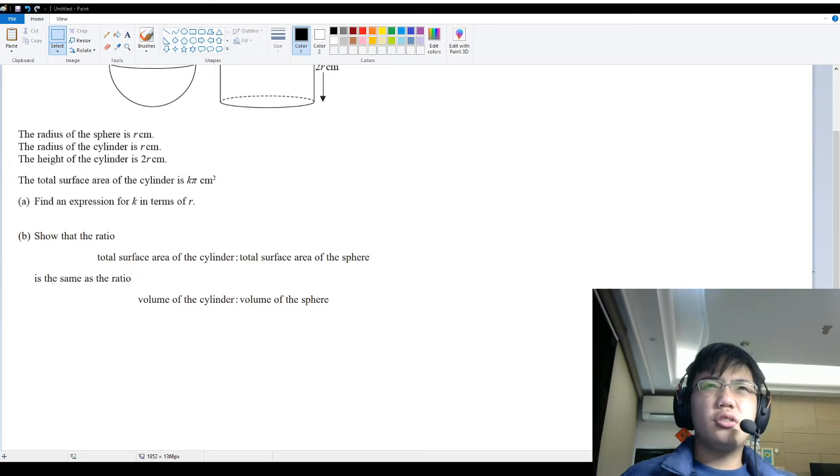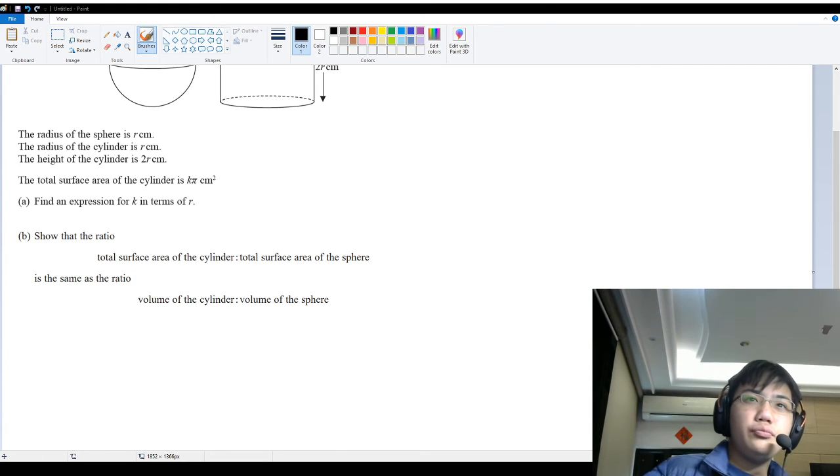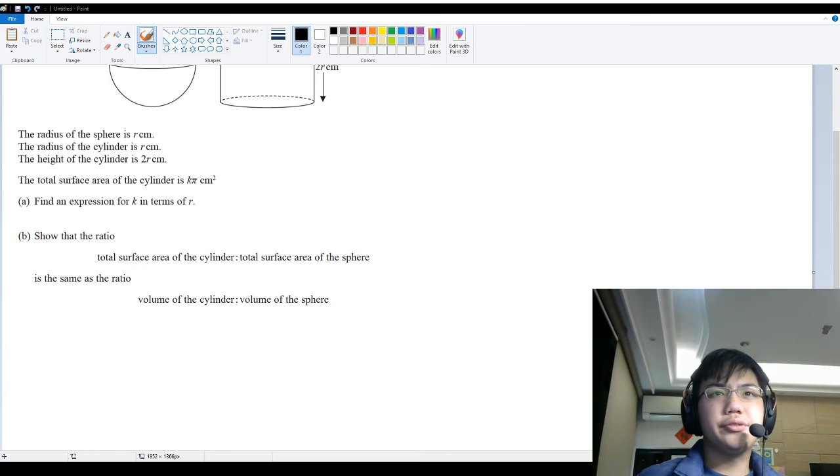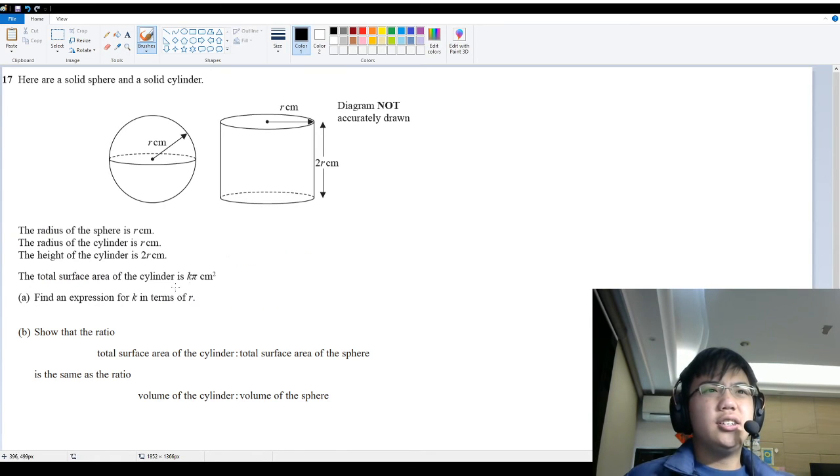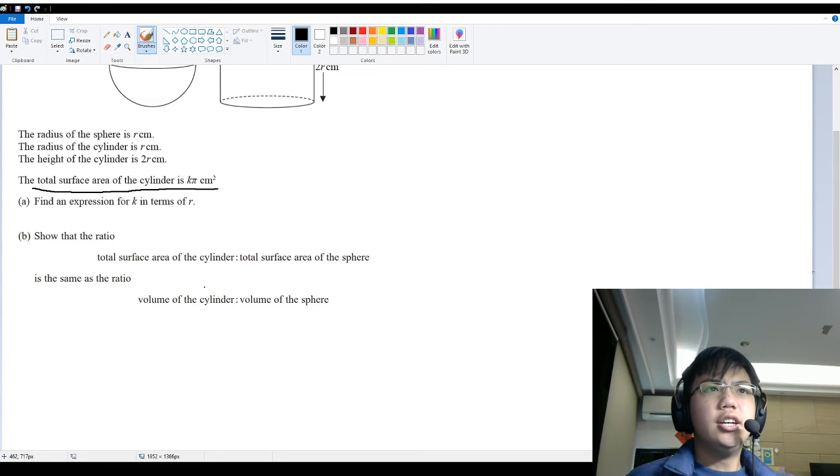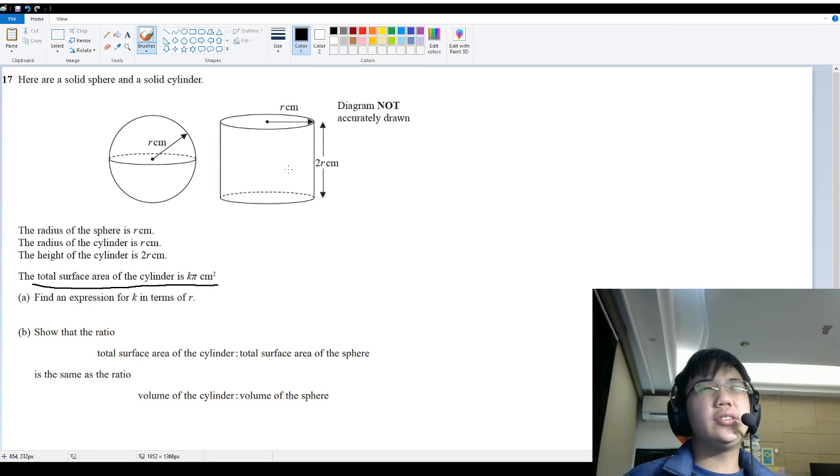So to find an expression for k in terms of r, we know that the total surface area of the cylinder is k pi centimeters squared. The total surface area of a cylinder would be the area of the top circle, a cross section, multiplied twice for top and bottom, plus the curved surface area of the cylinder.